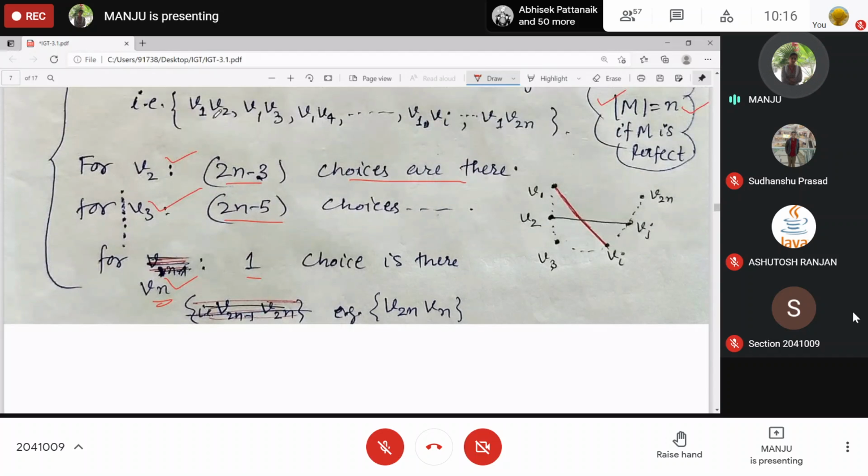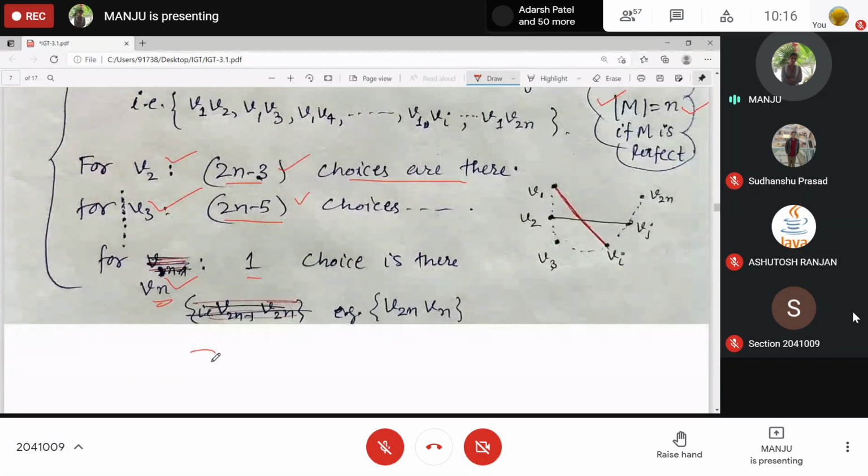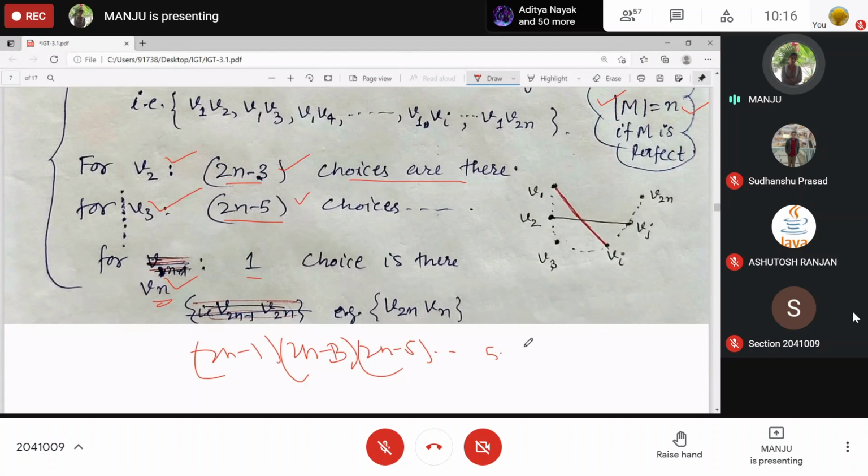So like this, how many perfect matchings exist? This into this, and so on. So for K2n, there are (2n minus 1) into (2n minus 3) into (2n minus 5), and so on, down to 5, 3, 1. Clear?